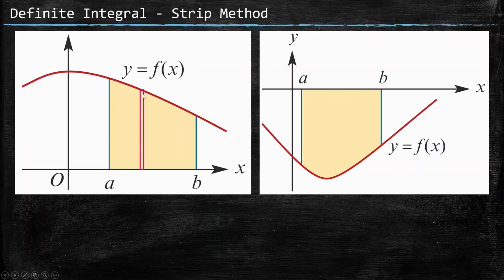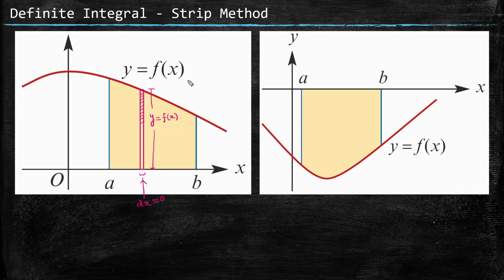So if we have this width which is infinitely close to 0, this width is dx, and this is nearly equal to 0. Then the height of this strip will be y, and that will be y equals f of x.